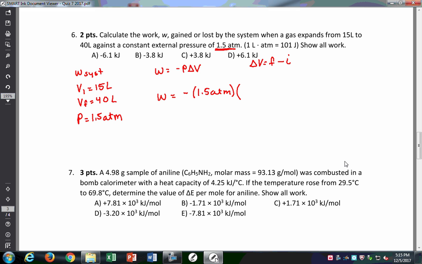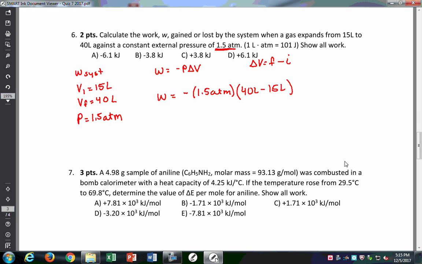That's what it means by change. So my final is 40 liters and my initial is 15 liters. It's important that you understand that. Your change is always what it ended up with minus what it started with, because if we went from 40 liters to 15 liters, we're going to have a different sign for our work. So we need to make sure we set that up correctly.